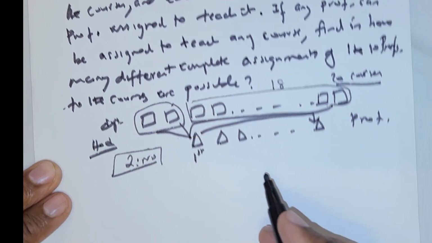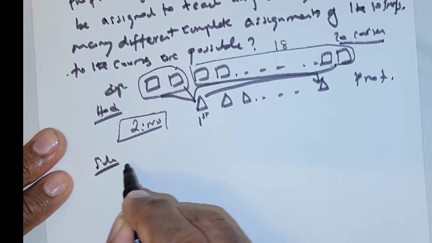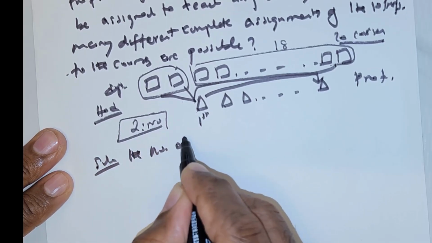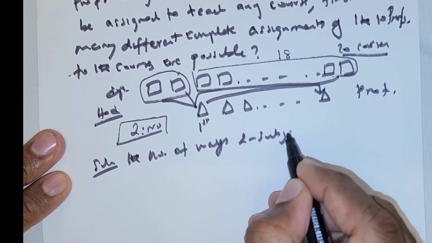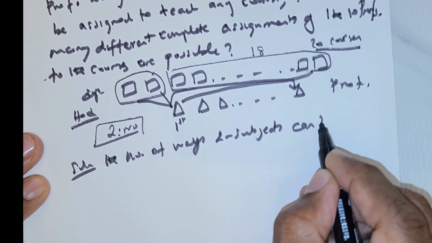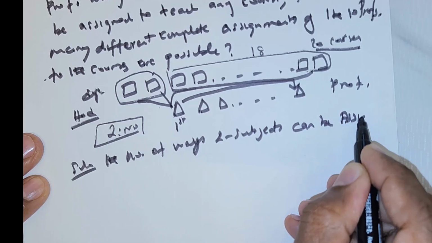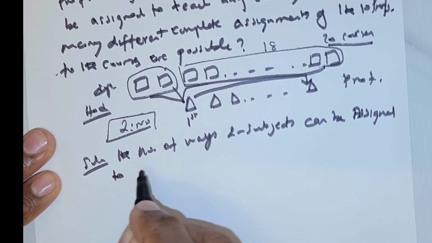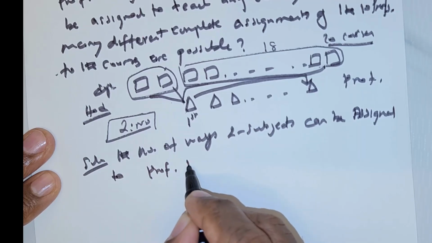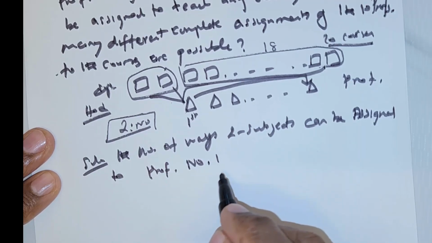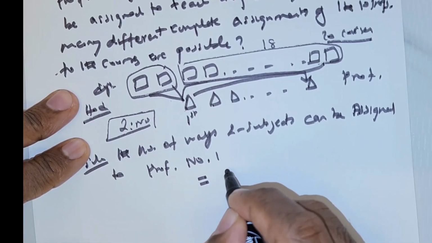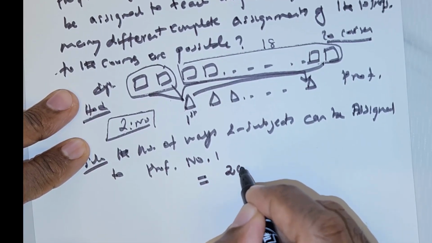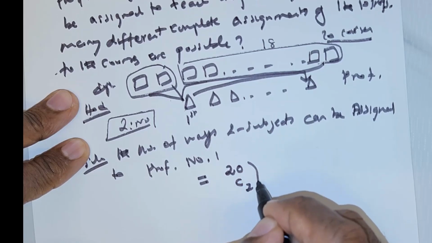Now having given you that, let me give you the solution. The number of ways 2 subjects can be assigned to the first professor is going to be 20C2 ways.